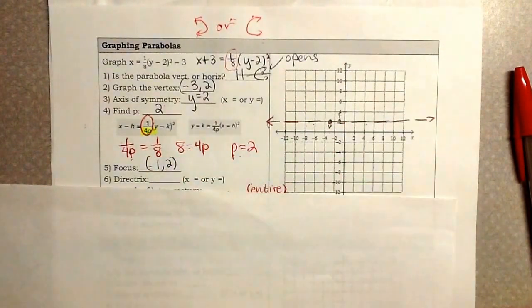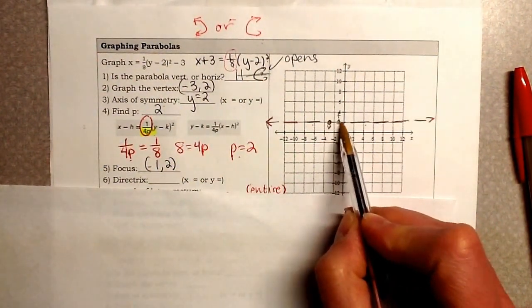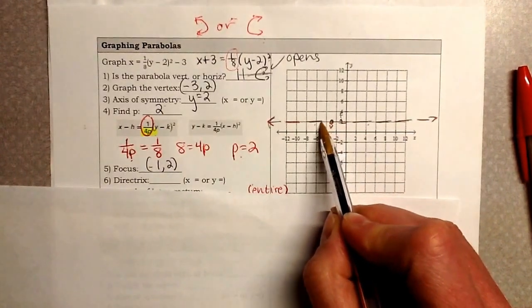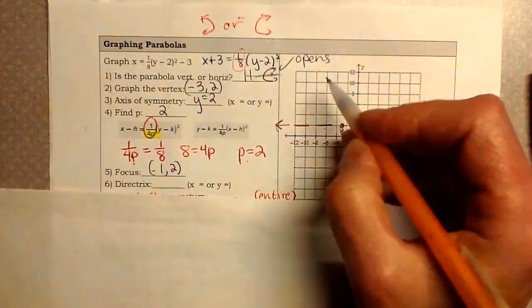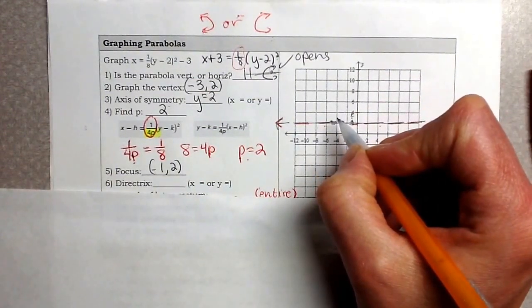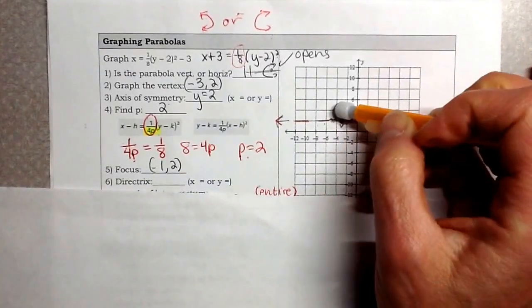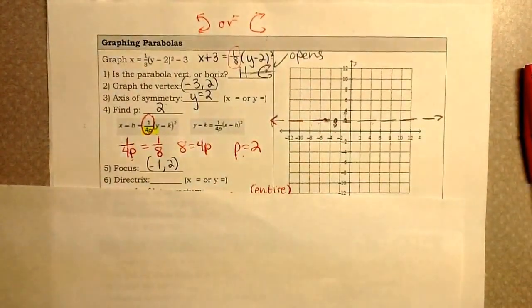The directrix is going to be the same amount, but in the opposite direction. So we're going to go 1, 2, and that's going to end up right here at -5. And remember, the directrix is perpendicular to the axis of symmetry.